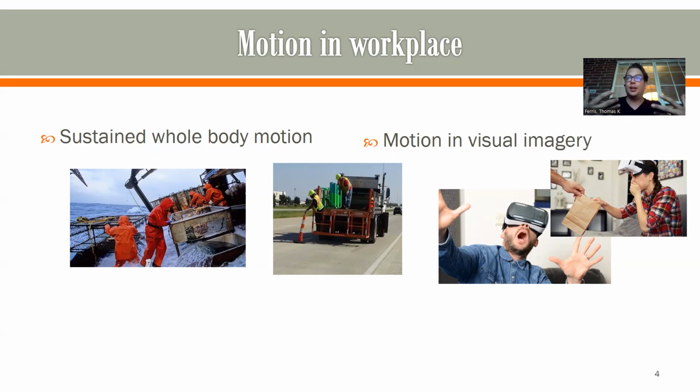Sometimes too much motion, just getting shook up, is enough to get people into trouble with these motion stressors. Sometimes it just needs to be visual, or just needs to be a mismatch between what our vision is receiving and some of our other senses. And this is increasingly the case. I'll talk a little bit about how virtual reality is increasingly part of work, right?